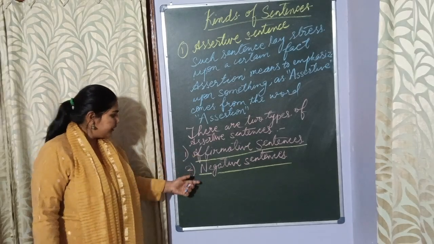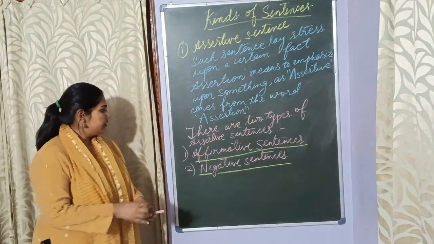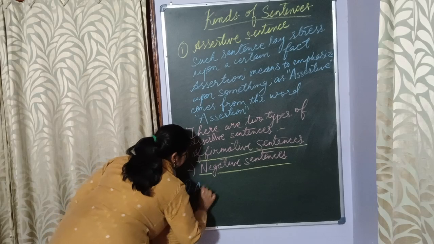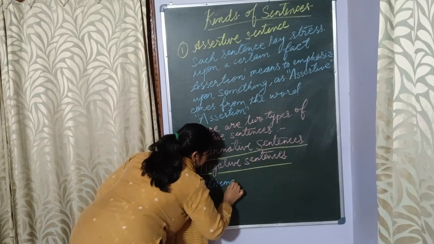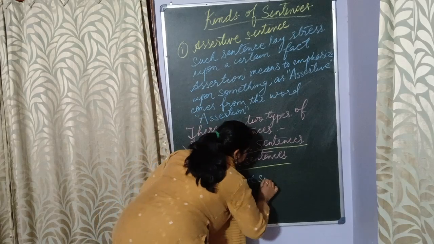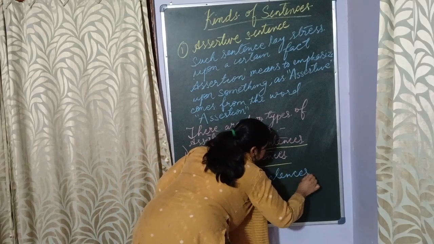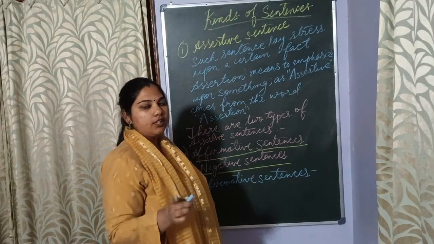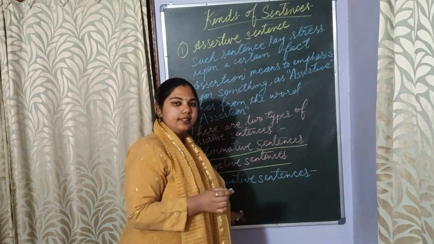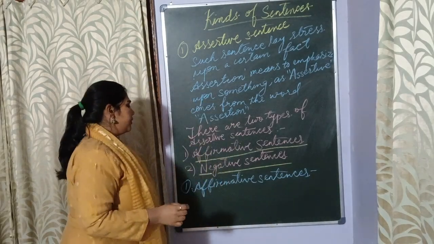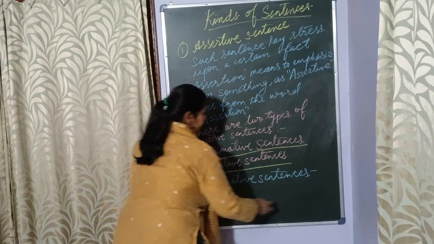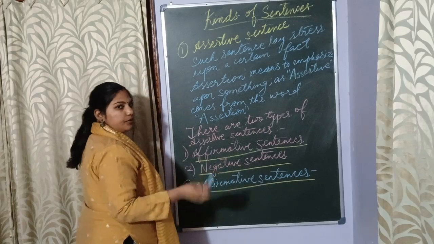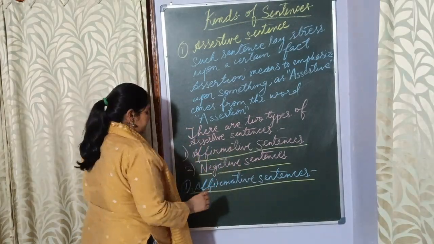Now, I want to write the definition of it. Let's see if we can manage it here. So, number one, affirmative sentence. I suggest that you write along with me. Don't take a screenshot and keep. Nobody will take a screenshot. Sit with your copy and pen and then note everything down along with me. Affirmative sentences. I'll write it in such a language that things will be simpler for you to understand.